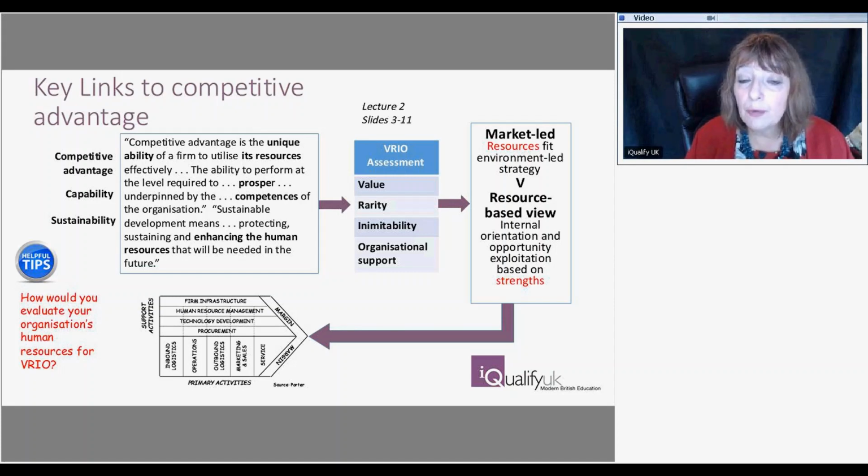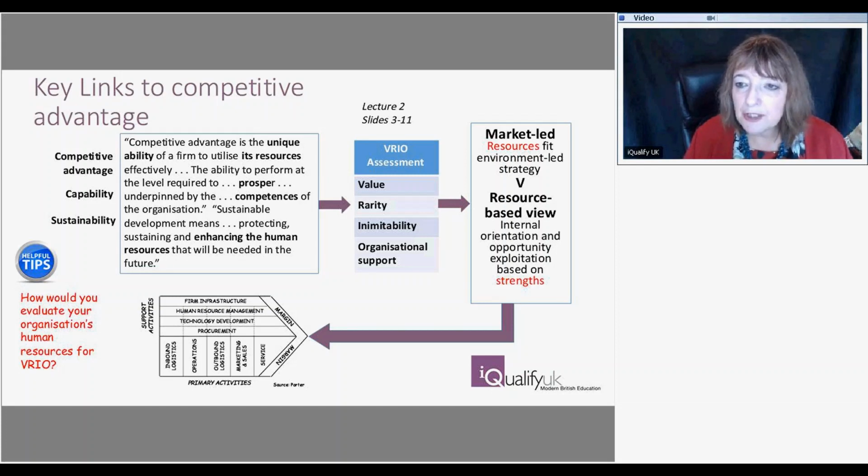If you recall, we assessed it in terms of value to the business, and the rarity, the uniqueness, because our thing about core competencies or unique resources is that they would be difficult for others to capture, and they were rare. Inimitability, you recall, is also about how easy they are to be copied by others. So if they're not easy to be copied, it would be much the better.